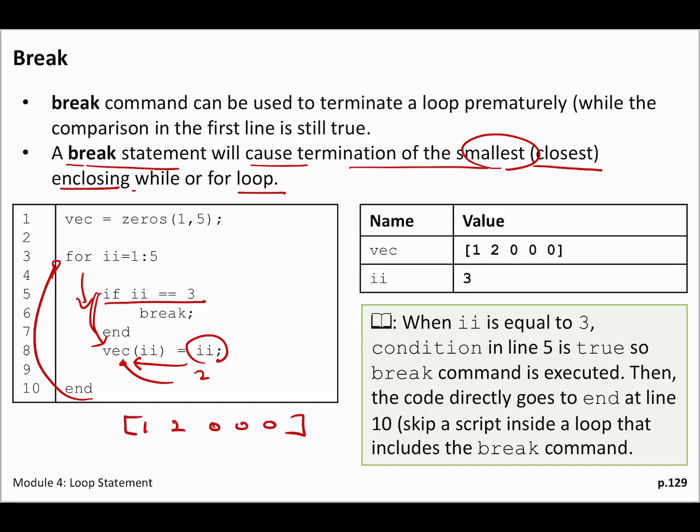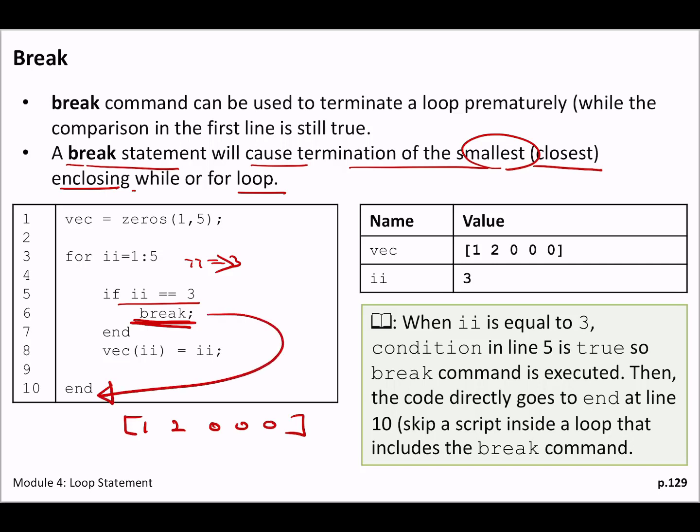Okay. Then what if i is equal to 3? i is equal to 3, and then this condition statement is true, and then break. Okay. This break command directs you to the end of your inner for loop structure.